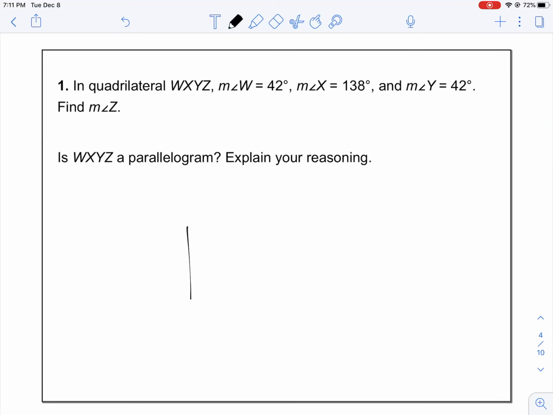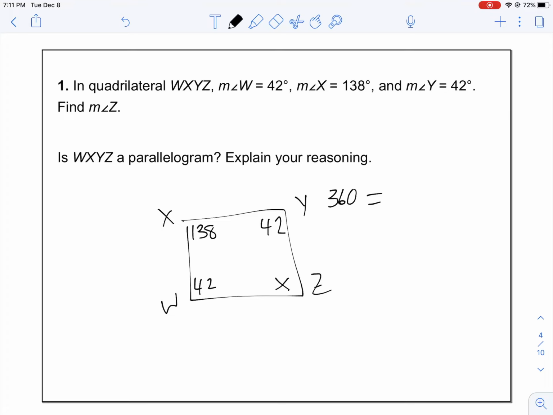So it says you have some quadrilateral, W, X, Y, Z, where W is 42, X is 138, Y is 42, and Z is, we don't know. But we do know all of these are interior angles, and a quadrilateral's interior angles always add to 360.